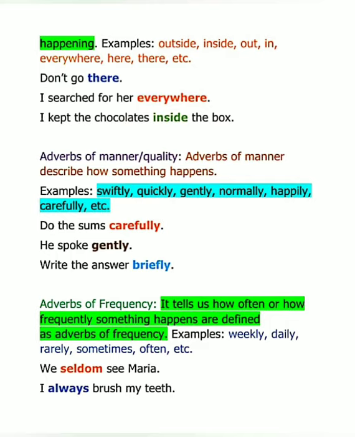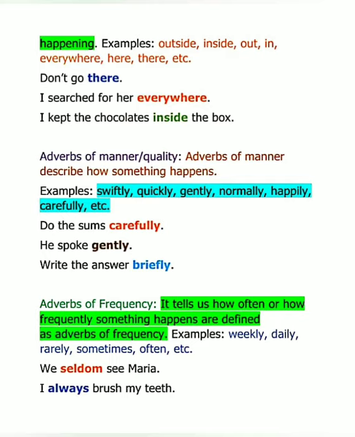Don't go there. Suppose I commanded someone, don't go there. So here the word there is giving the answer to the question where. Where not to go. Where I should not go. There. So here there is the adverb of place. I searched for her everywhere.